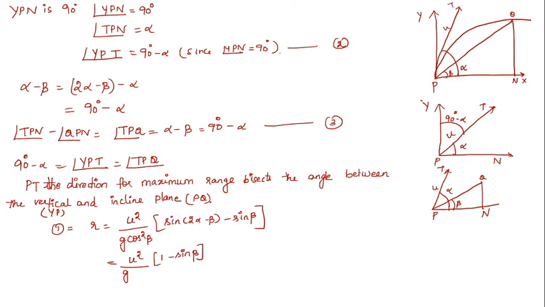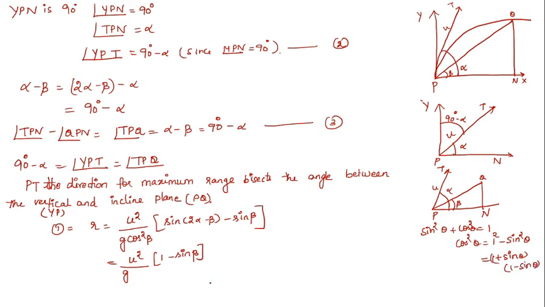So this cos square beta I can write in terms of sine. We know the identity sine square theta plus cos square theta equals 1. So your cos square theta will be 1 minus sine square theta. You can consider this 1 square minus sine square theta. This will be 1 plus sine theta into 1 minus sine theta.